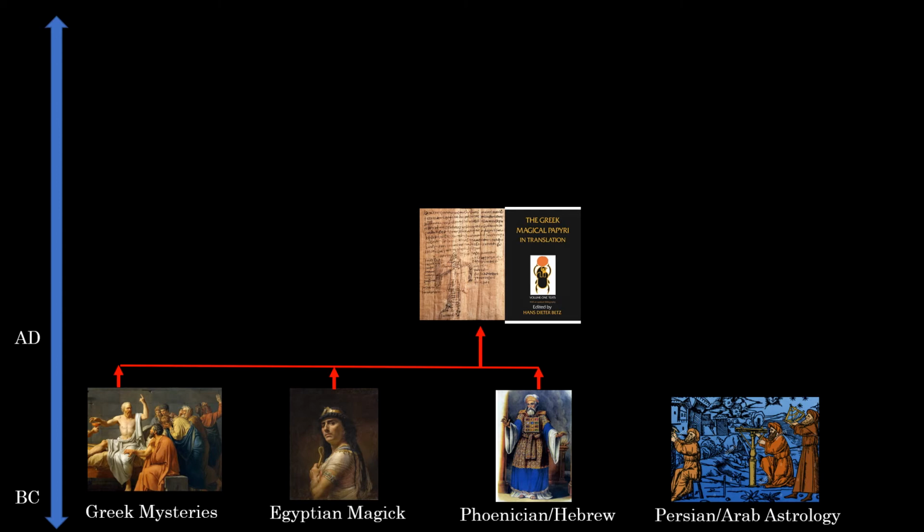And the result of this melting pot, we can see it in one of the oldest books of Western magic that is available today, and it's called the Greek Magical Papyri, or the Greek Egyptian Magical Papyri, which is not really a book, but a collection of many fragments collected here and there.